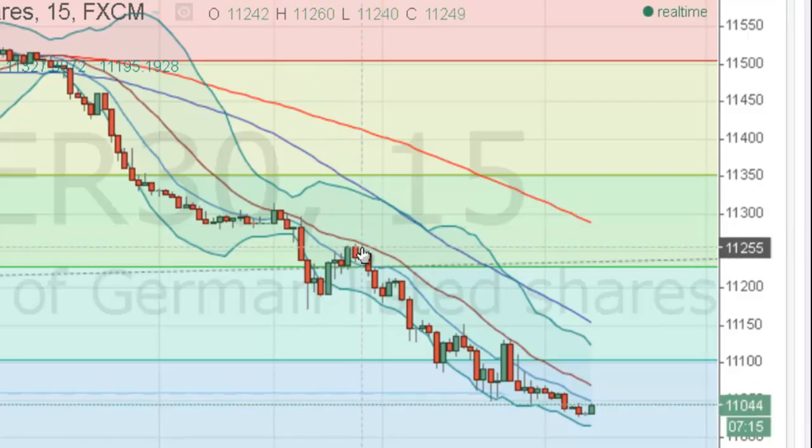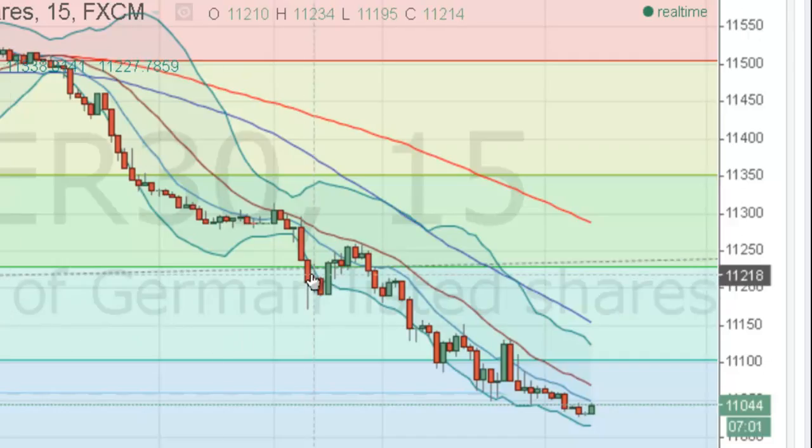The brown line here is the 20-day moving average. Except, of course, this is where each candlestick is a 15-minute interval, so it's actually the 15-minute interval moving average.